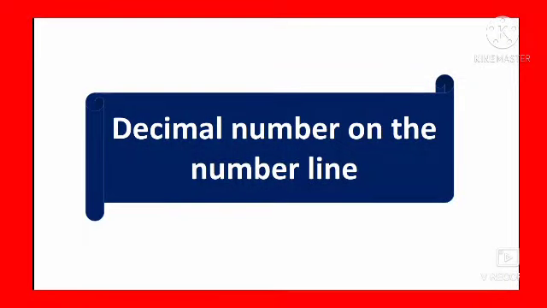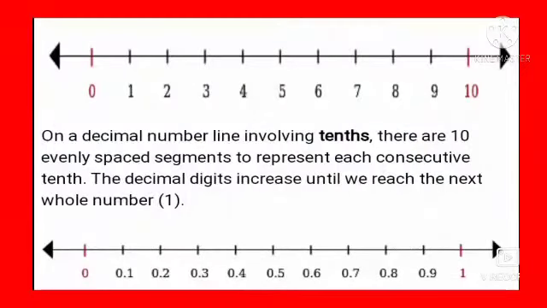Now, decimal numbers on the number line. On a decimal number line involving tenths, there are 10 evenly spaced segments to represent each consecutive tenth. The decimal digits increase until we reach the next whole number.